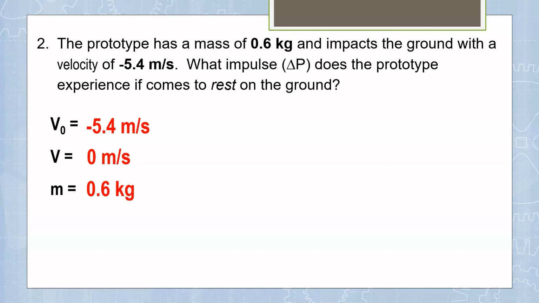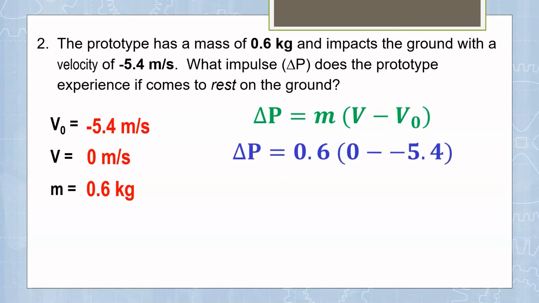Now, all this information, if we write it out, list it out, organize it, it tells us which formula to use. Change in momentum, which it's asking us to find, equals mass times v minus v sub 0. Be very careful about the order, especially when negatives are involved.